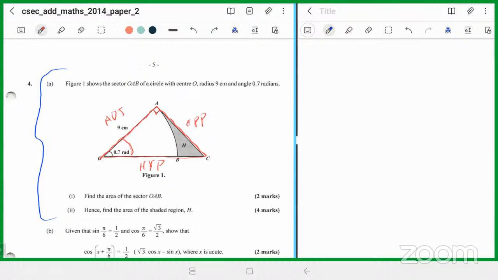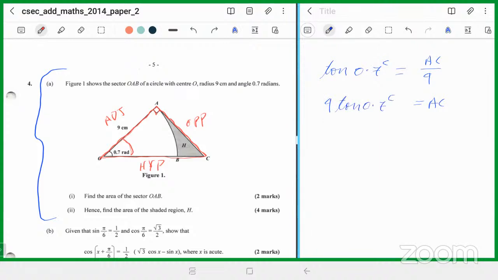I'm going to start by saying the tan of 0.7, and I'm working in radians, is equal to the opposite side, which I'll name AC, divided by the adjacent side, which is 9. If I multiply by 9, I have AC equals 9 times tan of 0.7 radians.